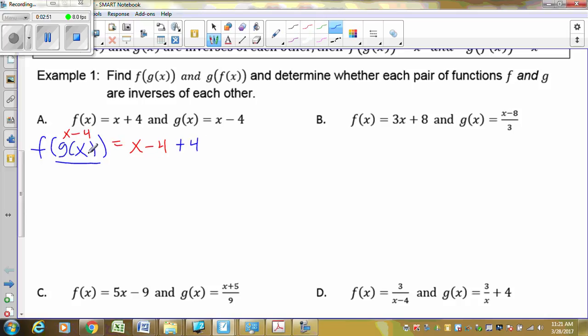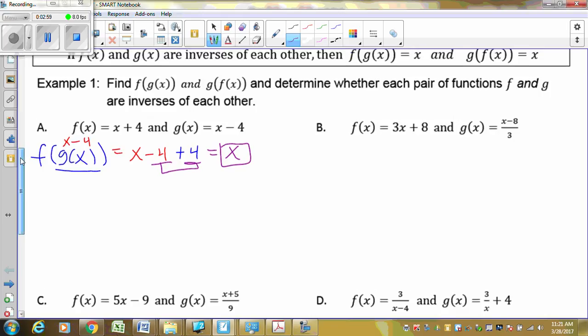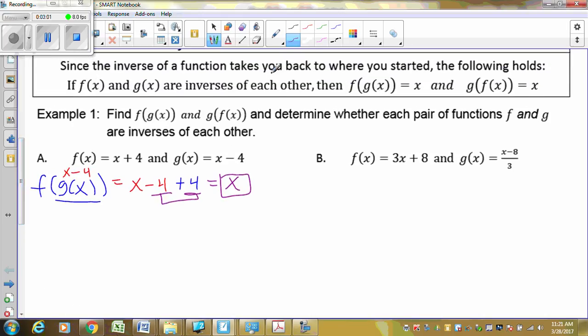I put what we substituted in red. Then pretty simple, that cancels out and we result in x. So we showed from up here that if f and g are inverses, then this holds. We did show that the first pair are inverses of each other.